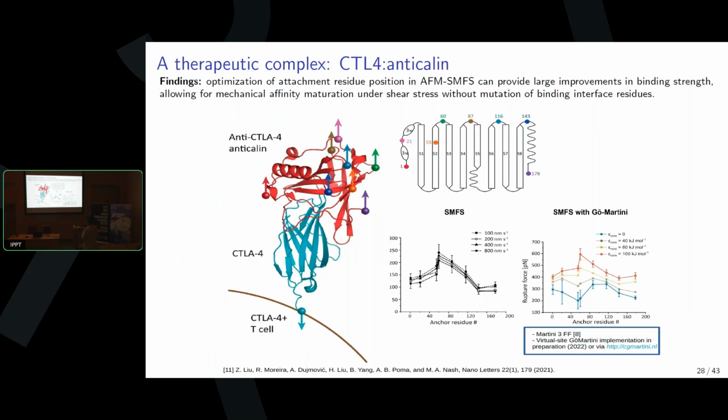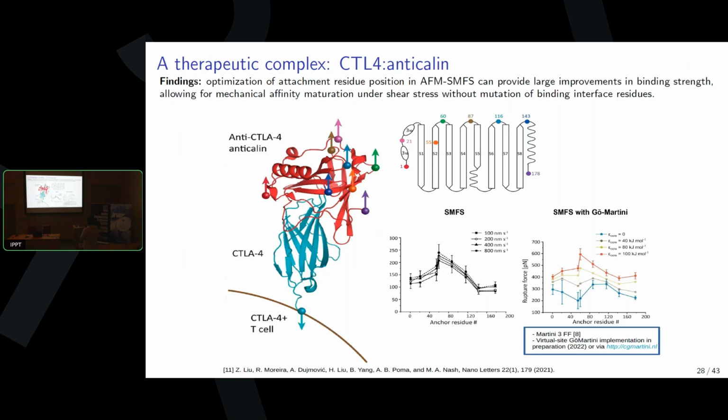We started with 0. We constructed the coarse-grained model, and the interactions between the interfaces were set to 0, which led us to the blue curve. That is the naked Martini potential. This is pretty much what Martini sees in the absence of GōMartini at the interface. And then we started to parameterize, since we had the experimental data.